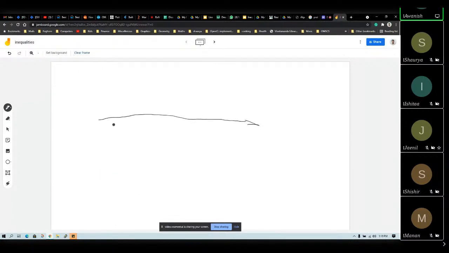So if we talk about -3 by 2, where does -5 by 2 lie? On the left or on the right? Left. So is this okay with all? Manan, Ishita, Shaurya? Yes, sir. Okay. So you agree that -5 by 2 is less than -3 by 2.